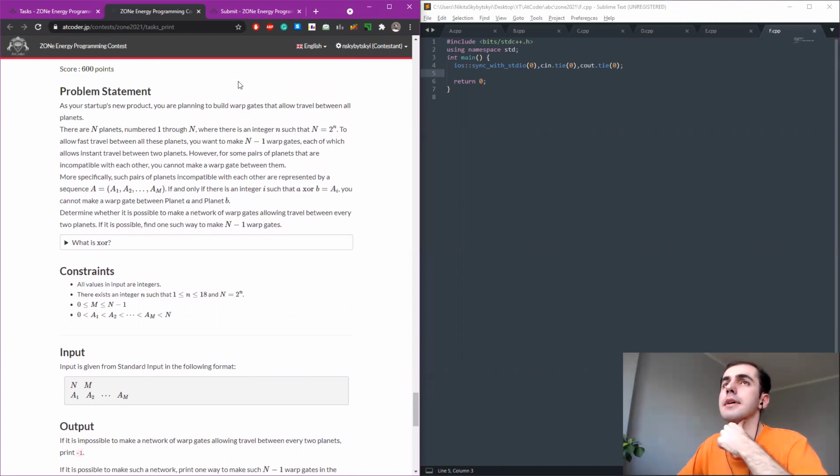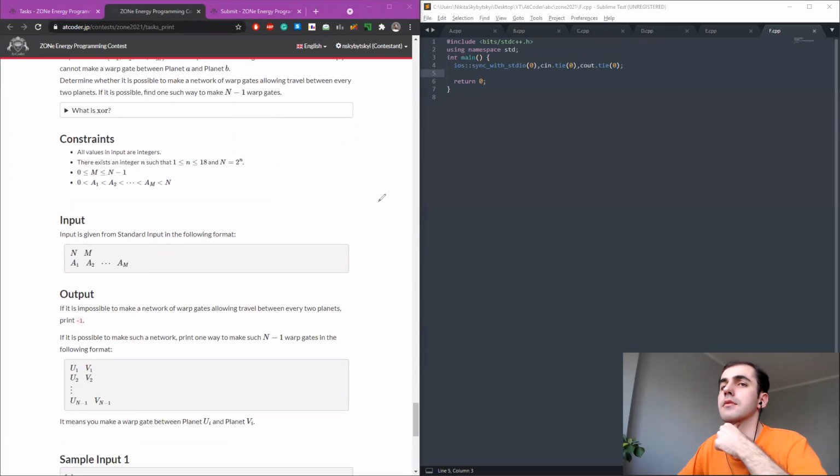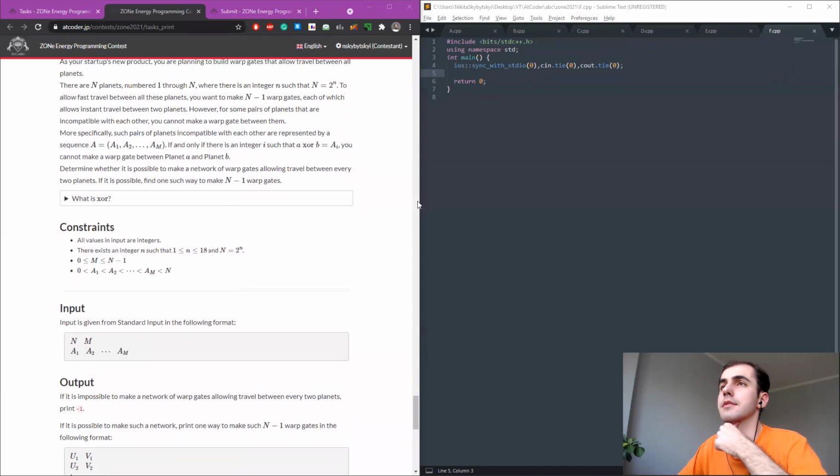My original idea was that for n equals 0, it's especially easy to construct such a thing. And you can just go.